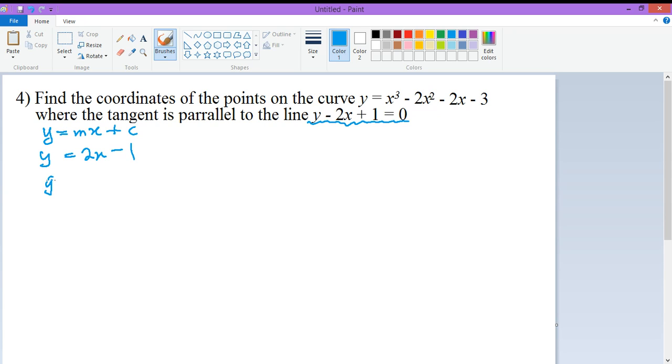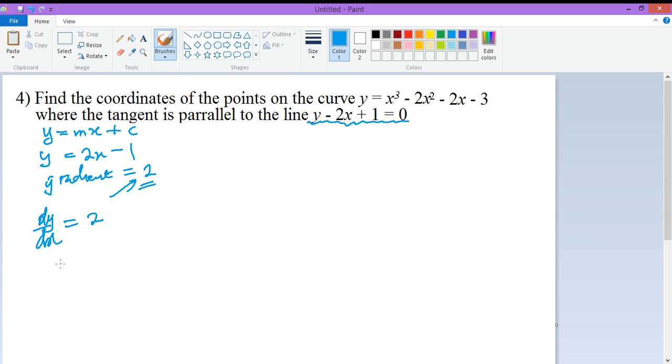It implies our gradient is equal to 2. Since the gradient of the tangent is also the same as the gradient of the curve at the point of contact, you can say our dy over dx, which is the gradient function, is equal to 2, this 2.